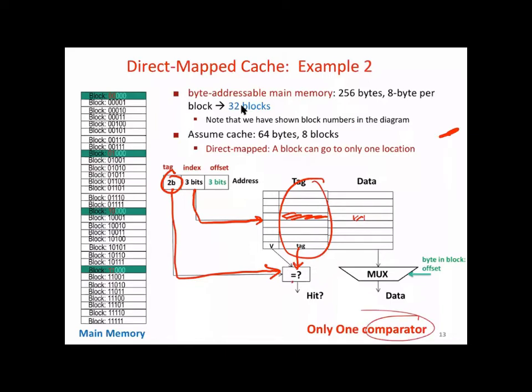Then if there is a hit, you look at the offset. Of course the index is the same, so use the same index to point to this one, and then use the offset to find out this byte, because it's a byte addressable memory, and you can read that.